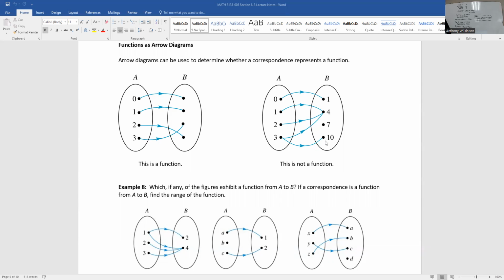So this would not represent a function, meaning you've got one X value going to two different Y values. So that would not be a function, and we cannot have that.